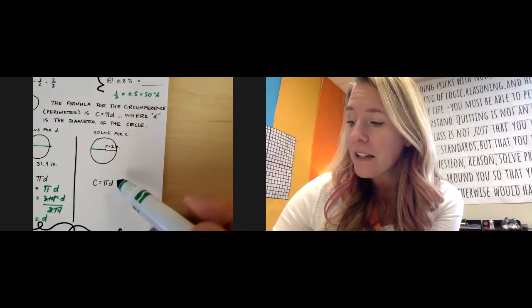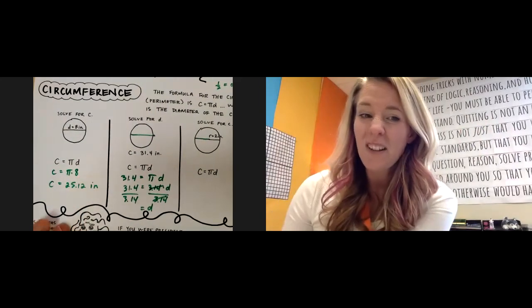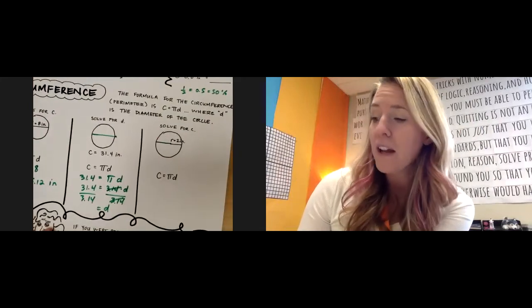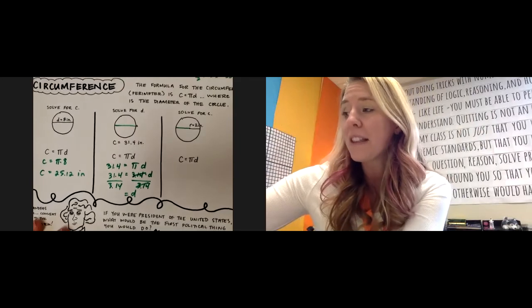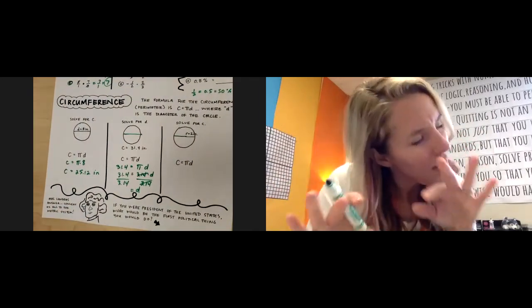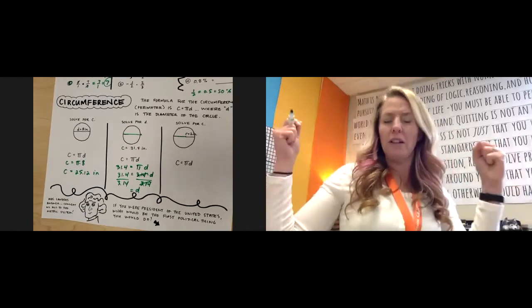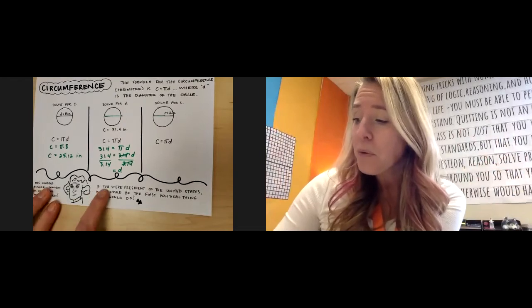And then you plug in, just like we did on this one, you know your diameter, you can plug in and solve for what your circumference is going to be. Okay, we haven't had a chance to get to that yet, but I wanted to kind of revisit that early or look at that early so that by the time iLearn comes in April, you guys have seen this many times. Look good.